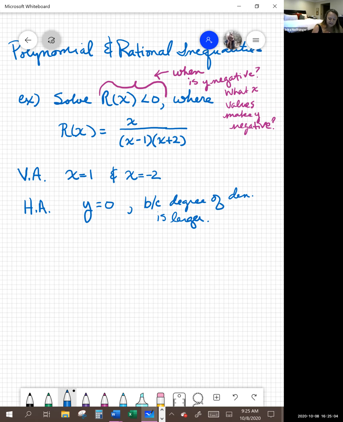And then intercepts. If we plug in 0 wherever we see an x, we can get our y-intercept. So we have 0 all over 0 minus 1, all times 0 plus 2.